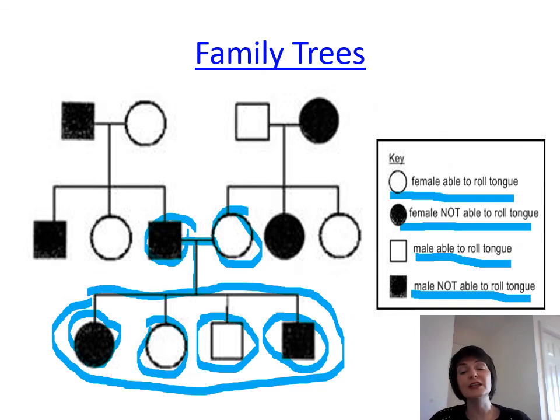It's really vital when you are reading family trees to follow the chart, like a flow diagram, and pick out information, such as how many children parents A, B and C have, or how many people are able to roll their tongue in this generation. It's wee things like that. So it's being able to identify characteristics within a family tree diagram.